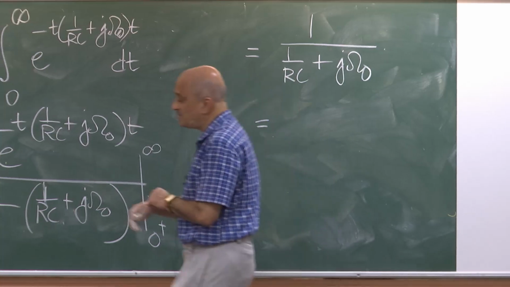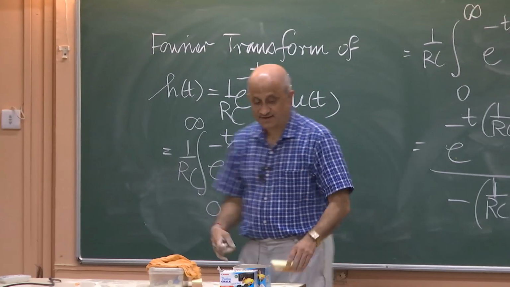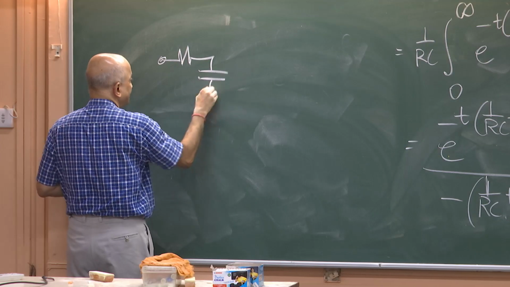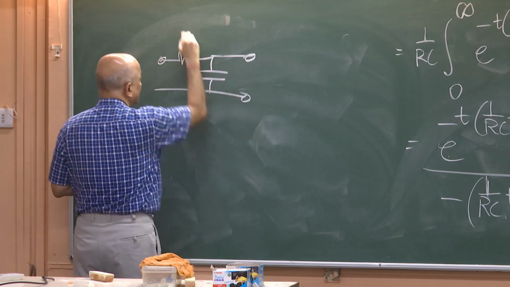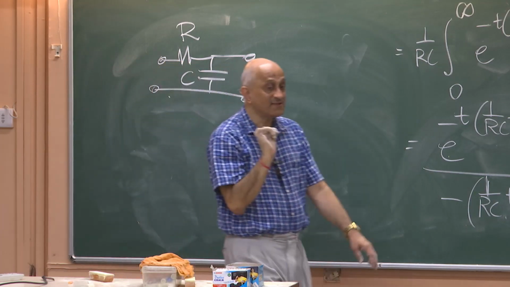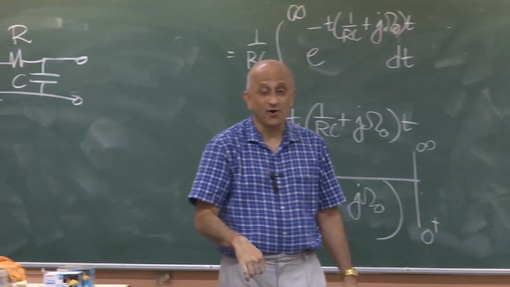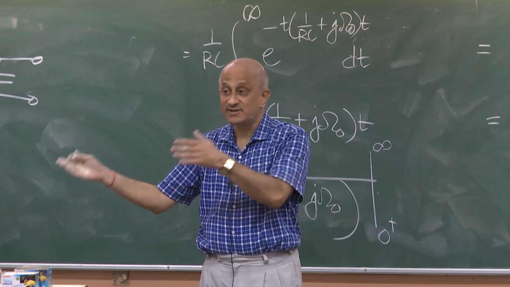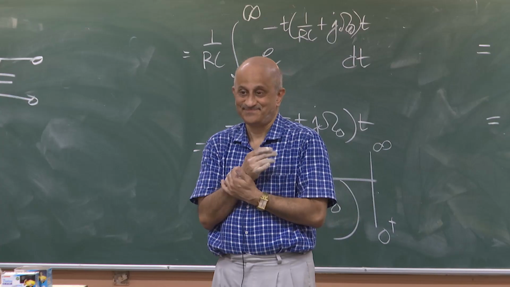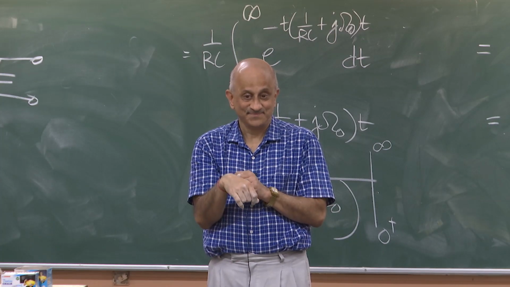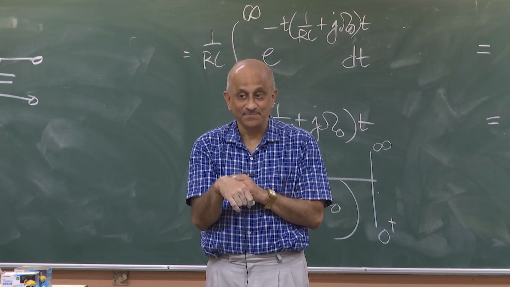Now, let us look back at the RC circuit. So, you had this RC circuit here. What is the Fourier transform? The Fourier transform here is the ratio of the output phasor to the input phasor at frequency ω₀.